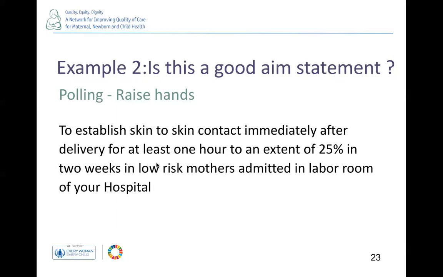To establish skin-to-skin contact immediately after delivery for at least 1 hour to an extent of 25% in 2 weeks in low-risk mothers admitted in labor room of your hospital. How many of you say it is a good aim statement? Please raise hands.